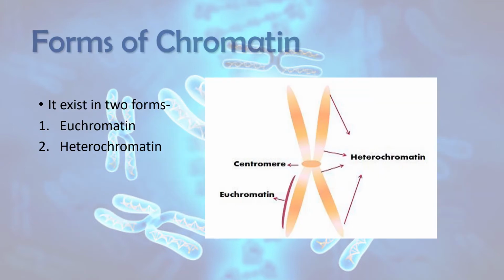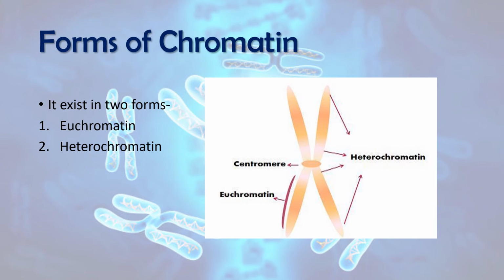Now, forms of chromatin. Basically, chromatin exists in two forms. The first one is euchromatin and the other one is heterochromatin. Euchromatin has a loose chromatin structure and is active for transcription, whereas heterochromatin has a condensed chromatin structure and is inactive for transcription.